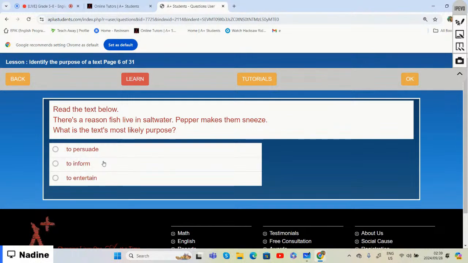And if we were to choose the correct option, we will say them saying, for example, that there's a reason fish live in salt water because pepper makes them sneeze. That is to entertain the readers.